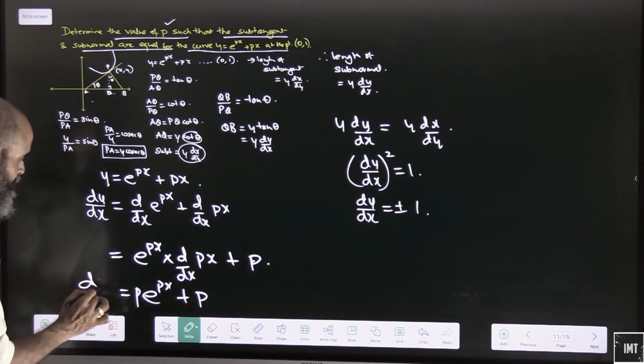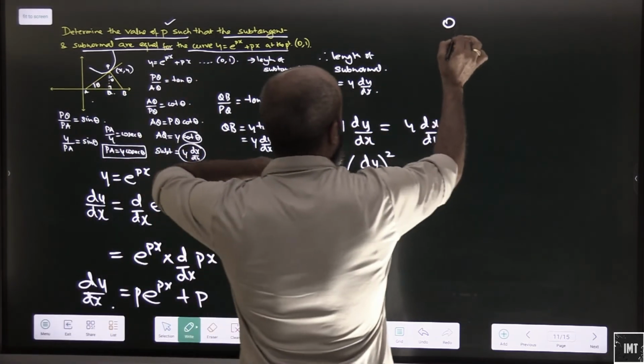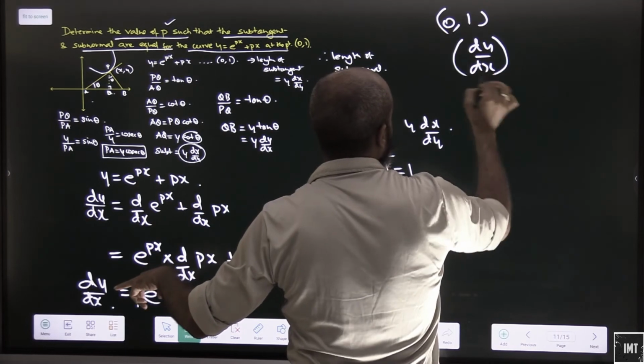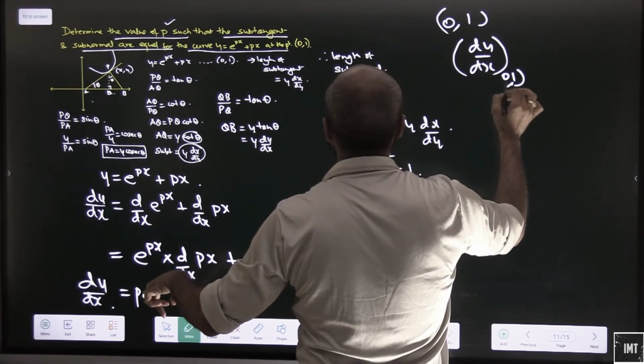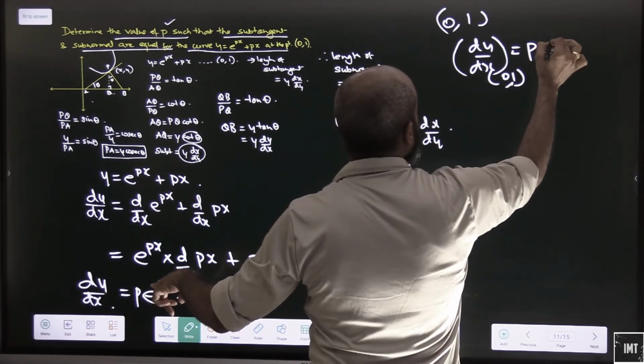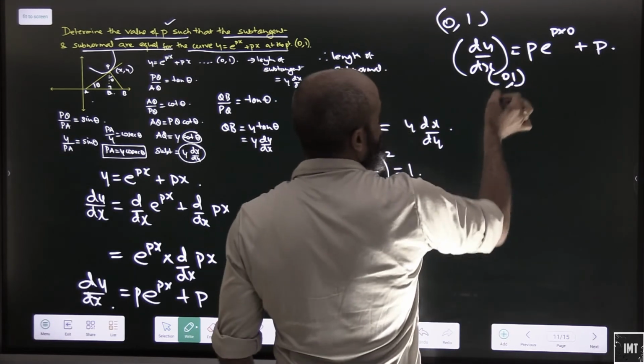So dy by dx. Now here the point is given as (0, 1). So dy by dx at (0, 1) will be equal to p e raised to p into 0 plus p, because x has a value of 0.